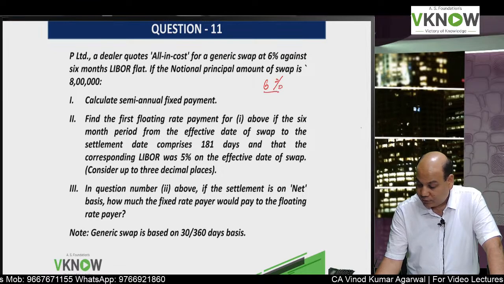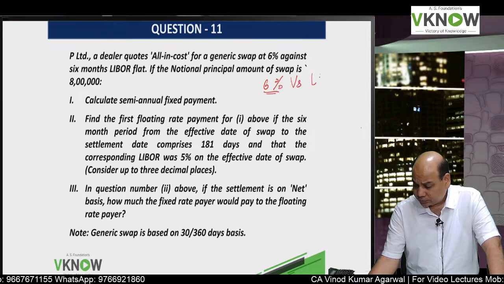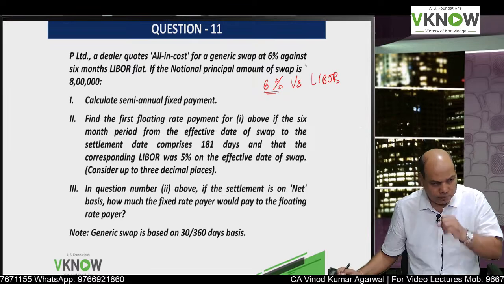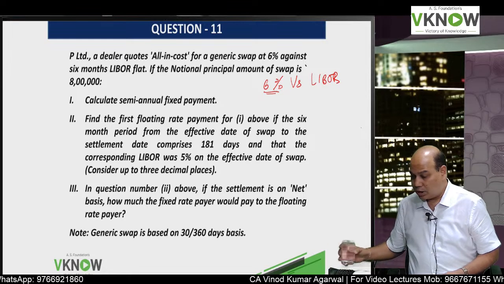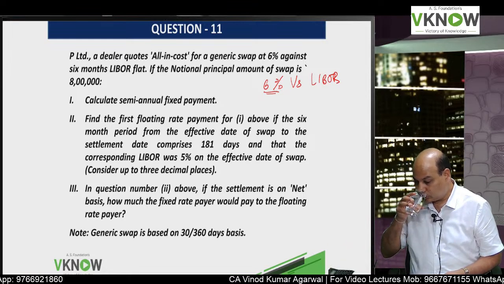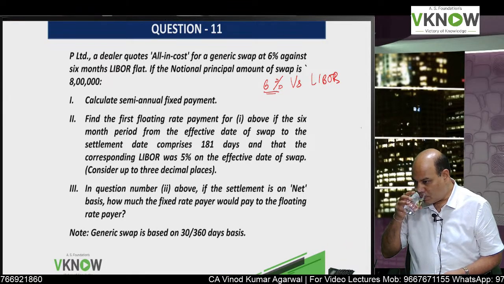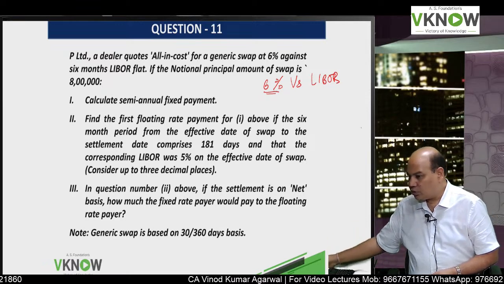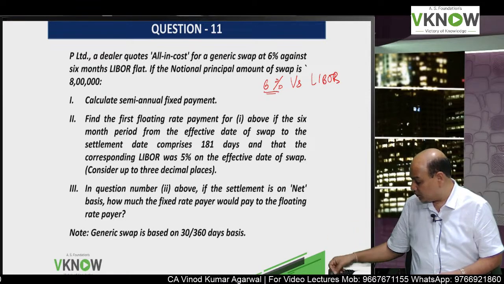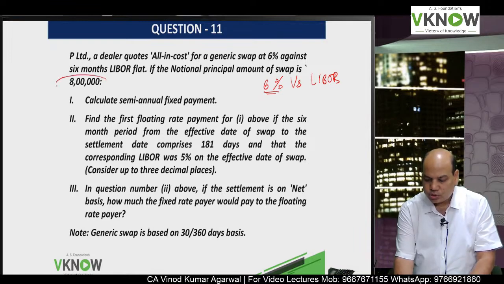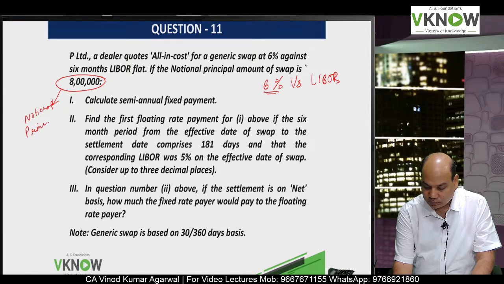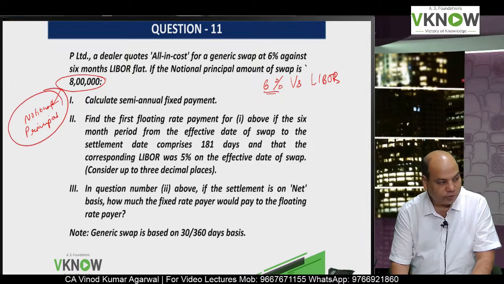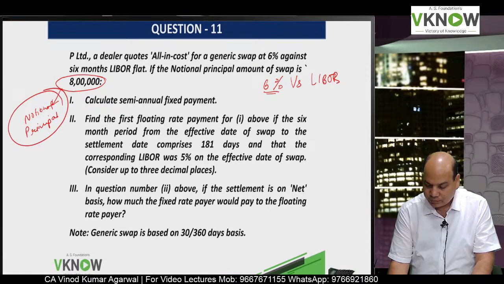That 6% fixed rate will be swapped against LIBOR for a notional principal amount of 8 lakh. This is the notional principal, required for calculating the interest.